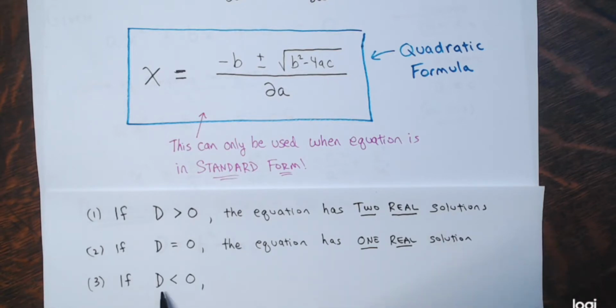So if this is the case, if D is less than 0, the equation has two complex solutions with an imaginary part.